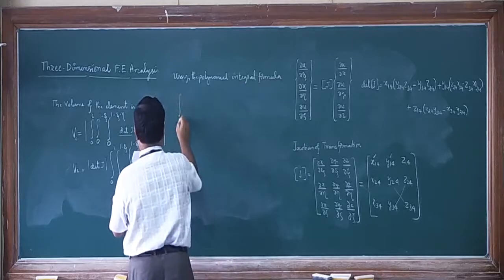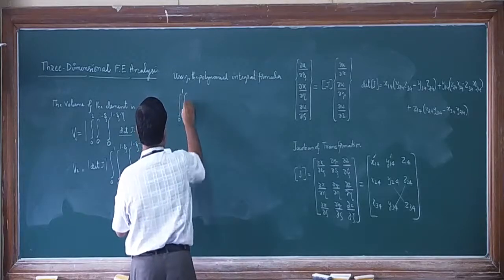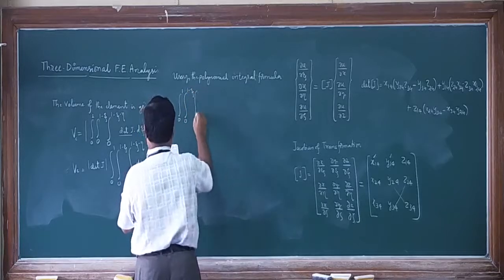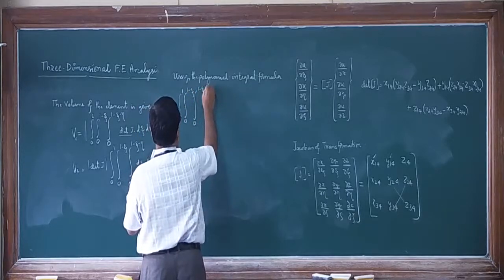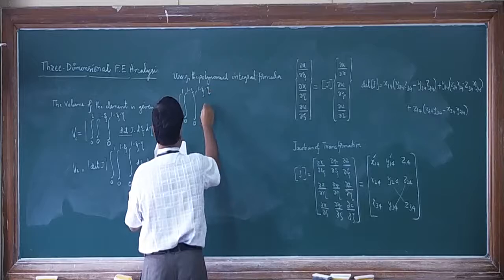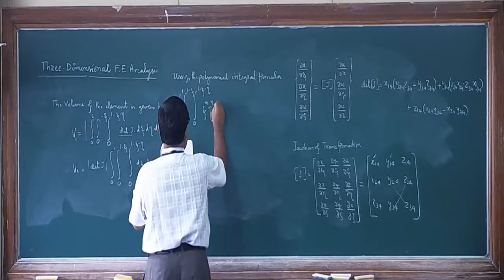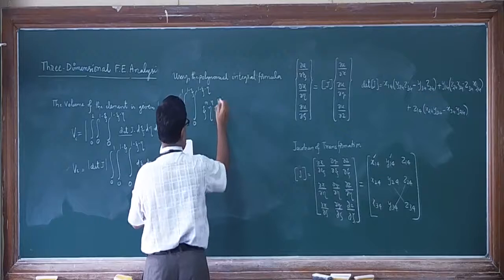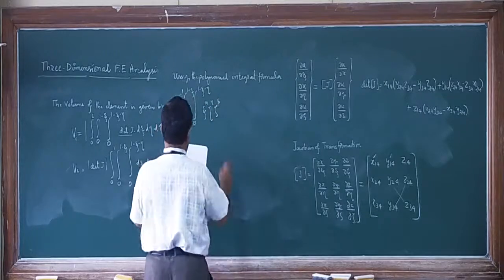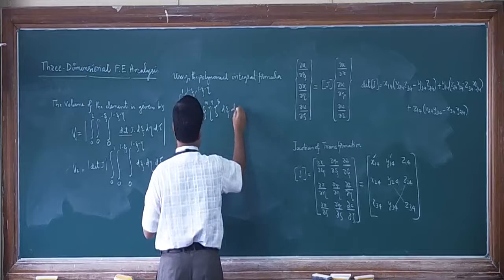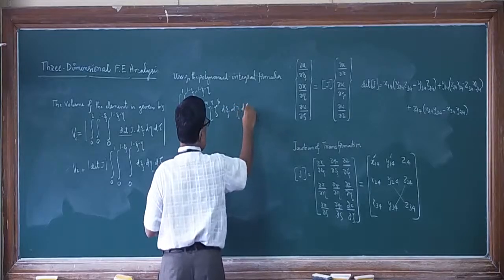The general formula given for this is the integral from 0 to 1, 0 to 1 minus zeta, 0 to 1 minus zeta minus eta, of zeta raised to m, eta raised to n, and this raised to p, into d zeta, d eta, d zeta.